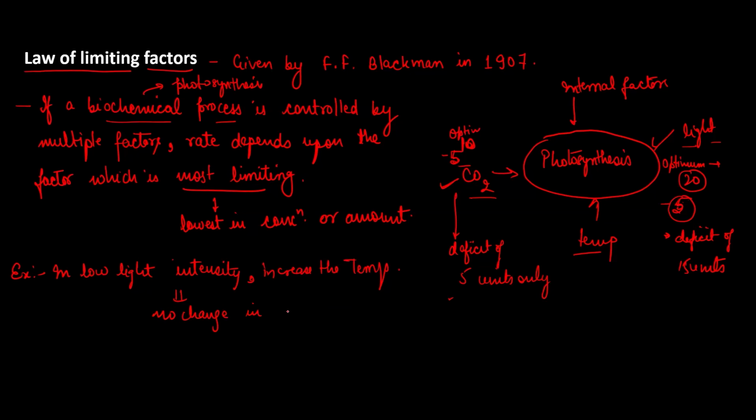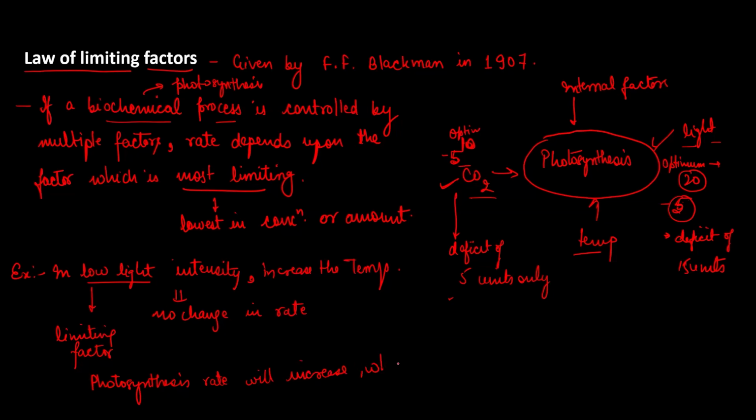No change in rate of photosynthesis, because in this case low light is your limiting factor. So the photosynthesis will increase only when you increase the light intensity. When we increase the limiting factor, the photosynthesis rate will increase.